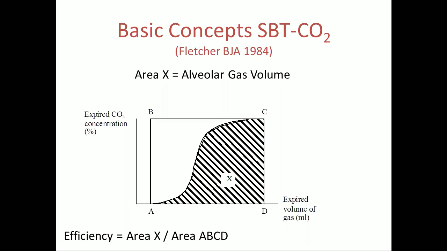So what you see in this graph here is a simple capnograph. The points A and D on the x-axis represent the start and end of expiration, respectively. The line BC corresponds to what your measured arterial PCO2 is, and we plot that on the y-axis. And what you've got here is an area A, B, C, and D. And this represents the total area, so this is the proportion of the total area of your tidal volume, or a single breath.